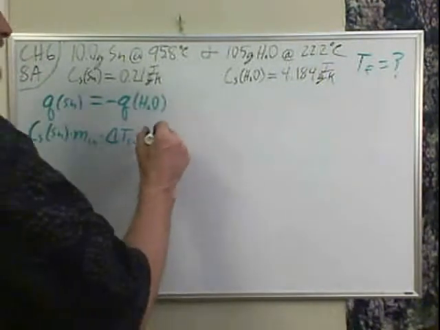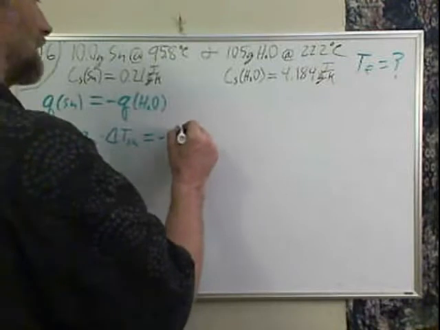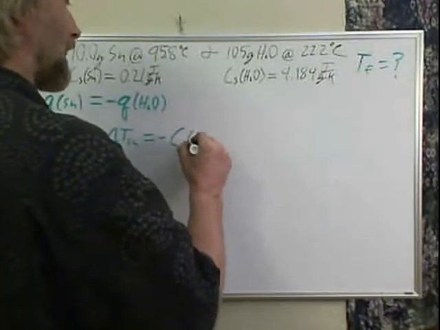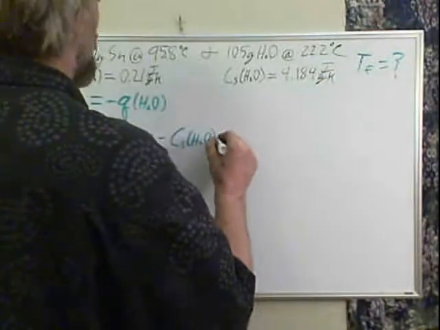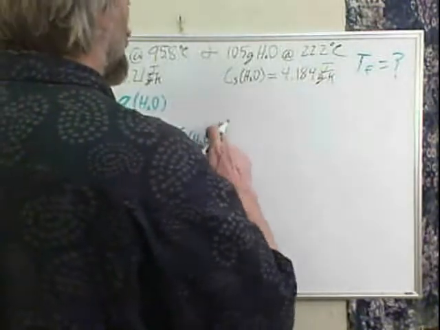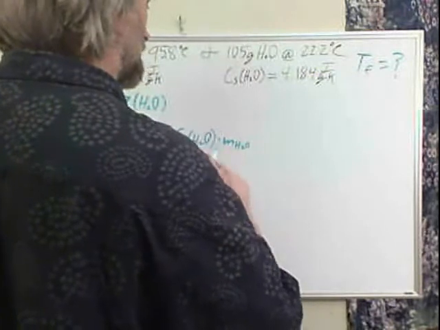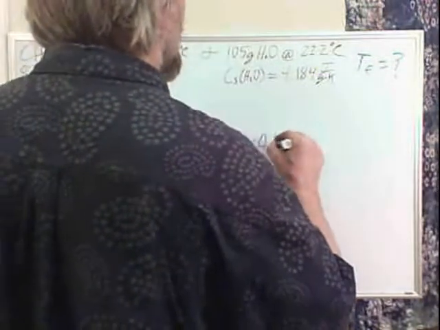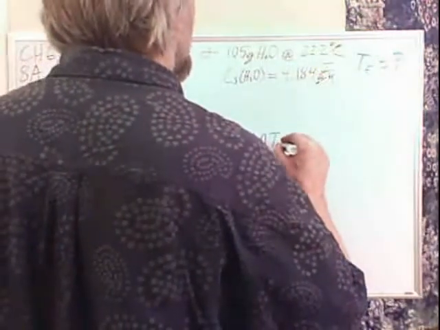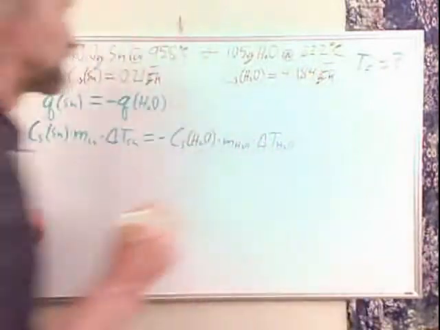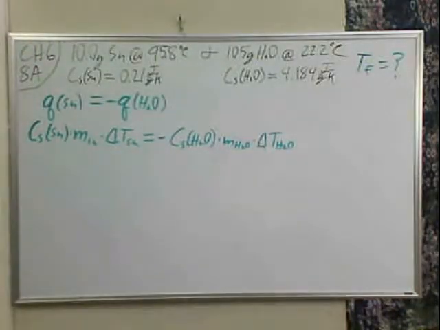And if we write this out, well, we have the masses, we have the specific heats, we don't have the delta T's.